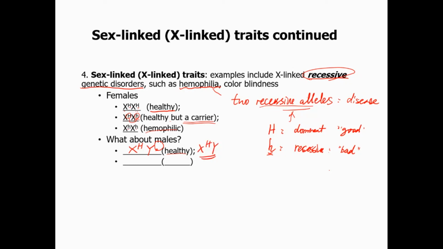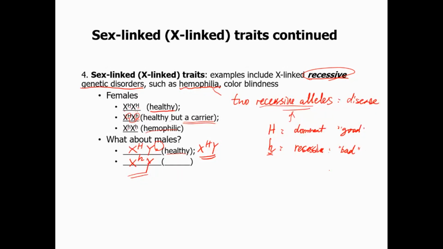So what's the other possible genotype? What else can you think of? Because the gene is only carried by X, you only need to look at what allele the X chromosome can carry. So that's going to be little h. That's the second possibility, and again, keep the Y clean, nothing. So if a male has this genotype, is the male healthy or hemophilic?